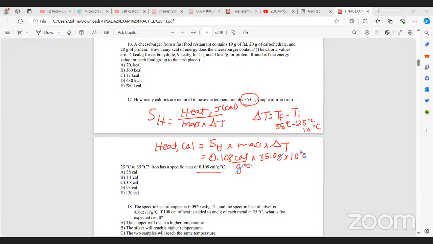Well, remember, we only need two significant digits. So 37.8 becomes 38 calories. Letter A is our answer right there. Okay, 38 is our answer.